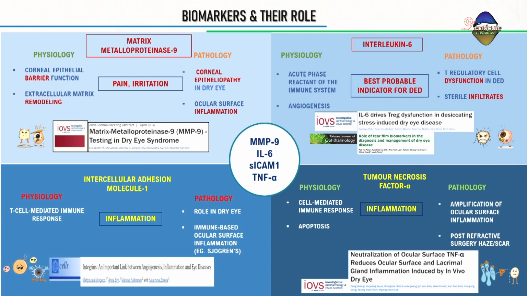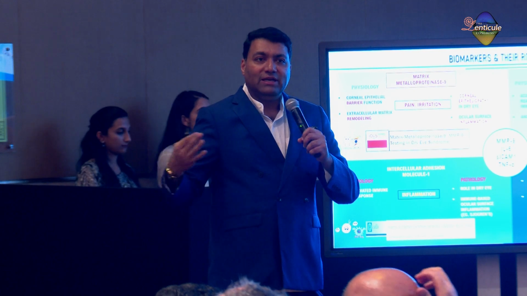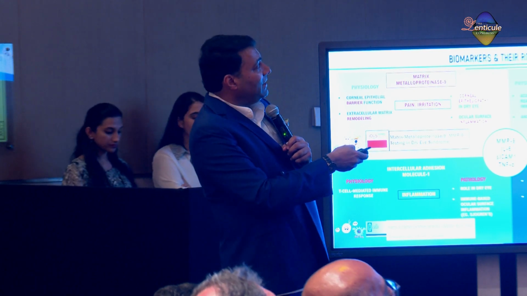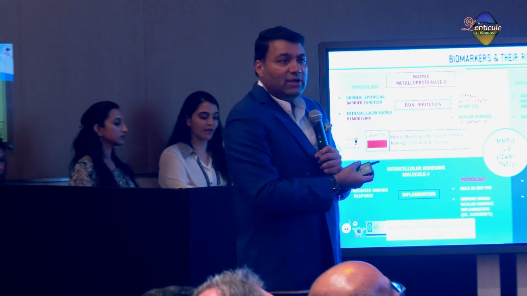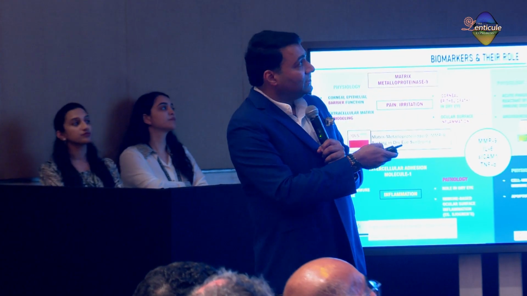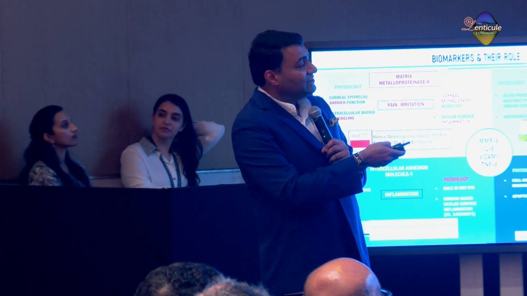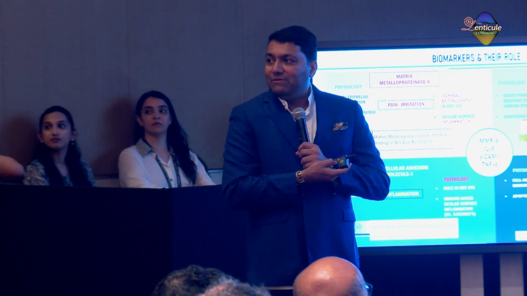We all know about the most famous one, MMP9, but there are more than 21 or 30 in the MMP family. Interleukin 6 became very famous during COVID. The cytokine storm of COVID, the lung-related change, if you remember, was driven by IL-6.